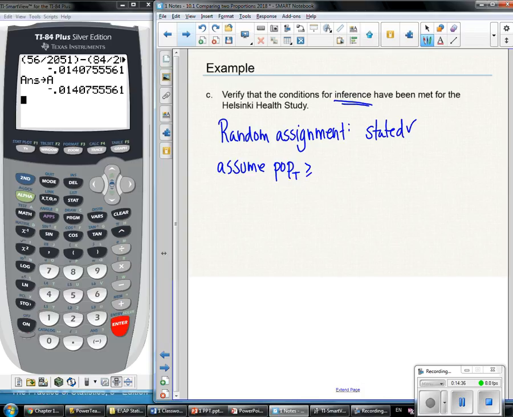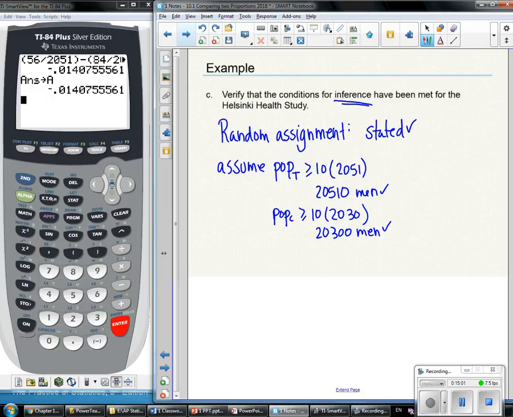We're looking at there being at least 10 times 2,051, or 20,510 men, and that's true. In the population of our control group, again, we can still assume that there's 10 times. This is more just to get you in the habit of checking both groups.